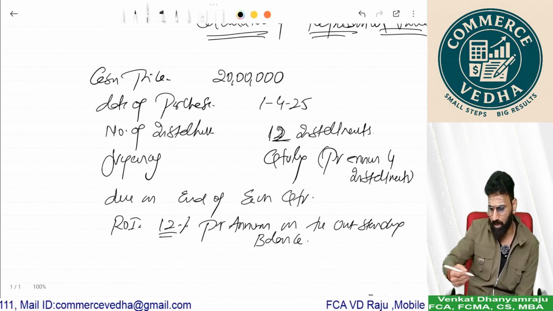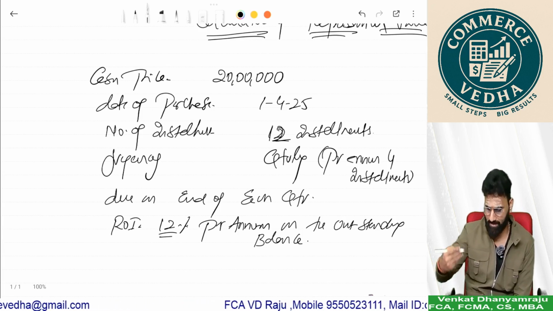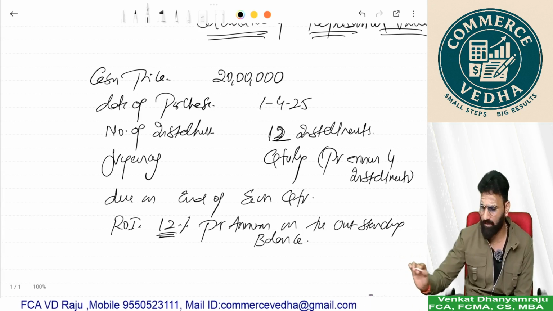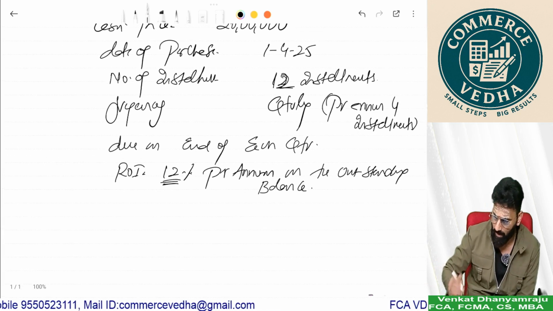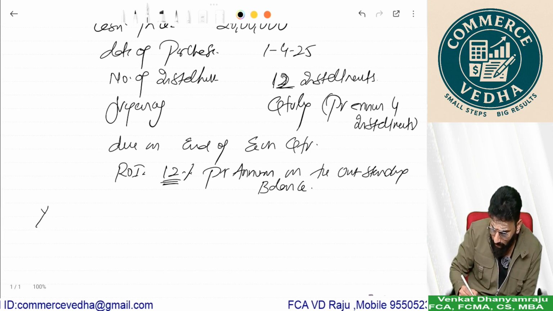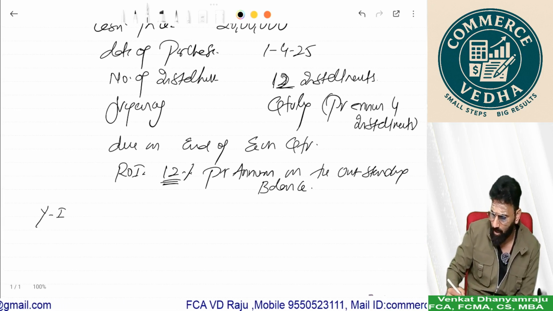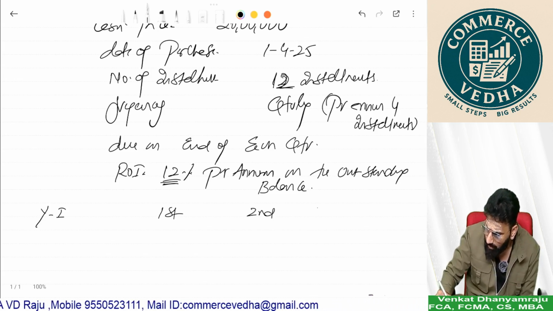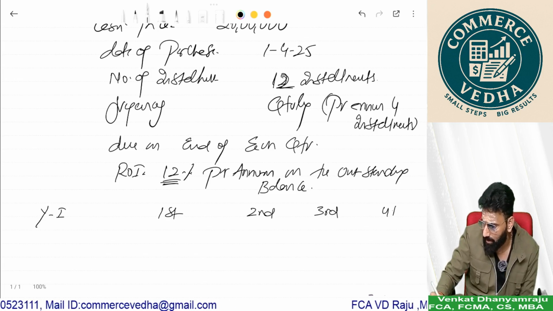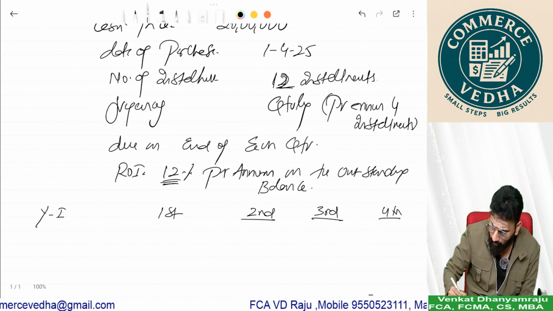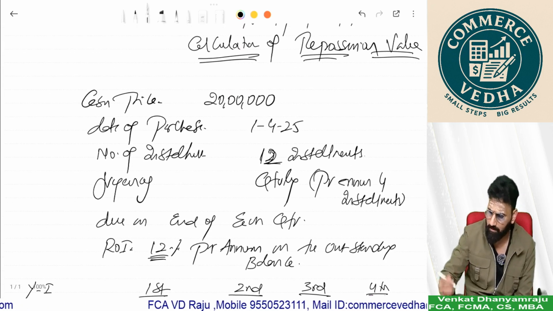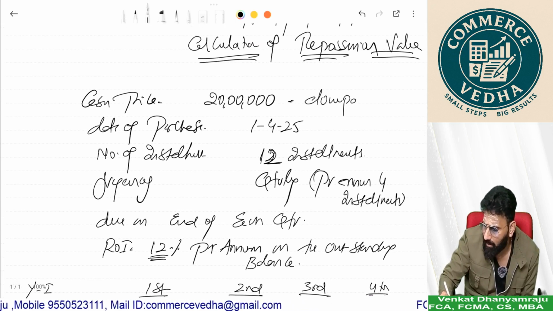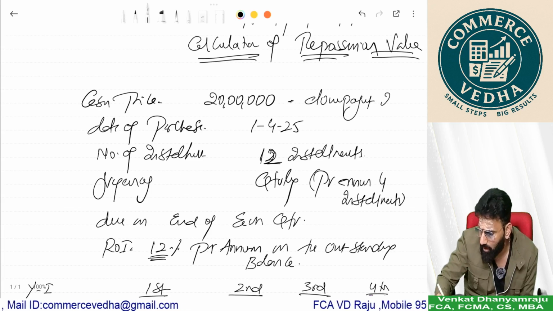How do we compute the amount of installment is very, very important thing here. So this data is clear. Now what we can do here is I'll write year 1 only. Year 1 you have first installment, second installment, third installment and fourth installment. And one more important word here is down payment, say 20%.